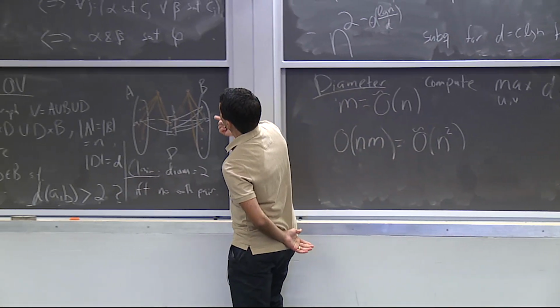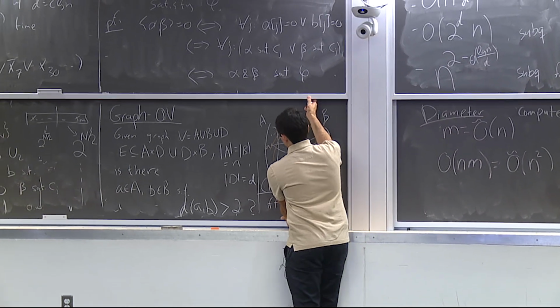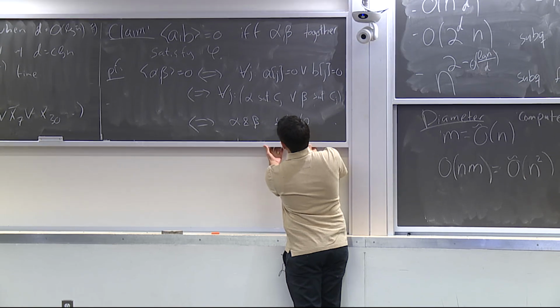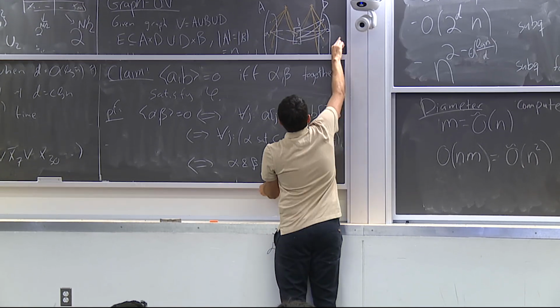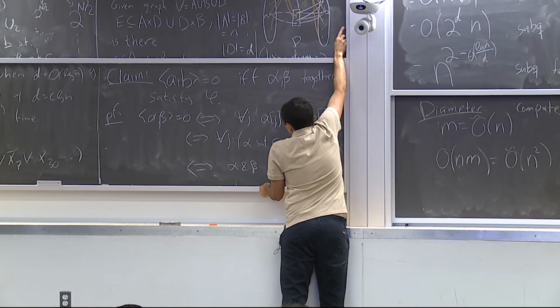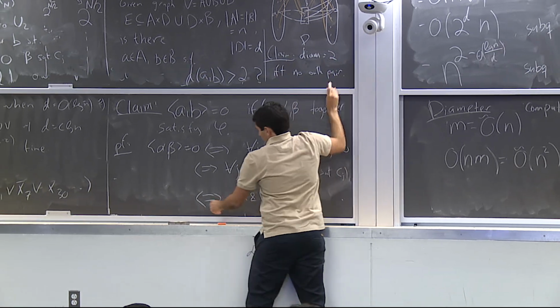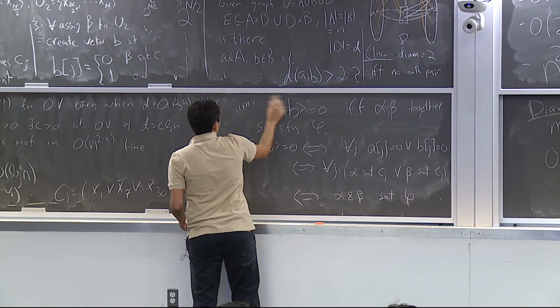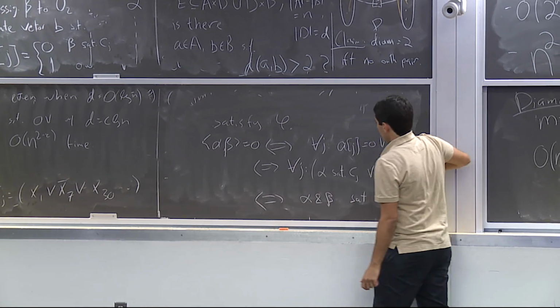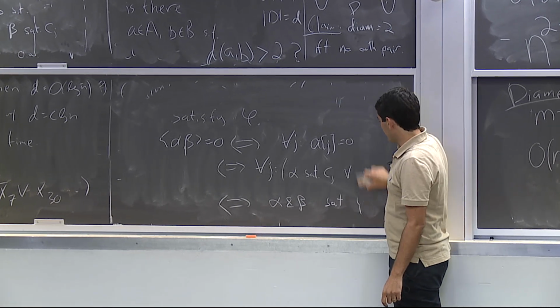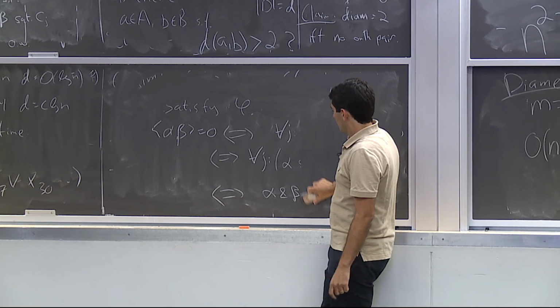So the story is, in terms of approximation, typically when you show a hardness result, it doesn't say that the approximation problem is hard.